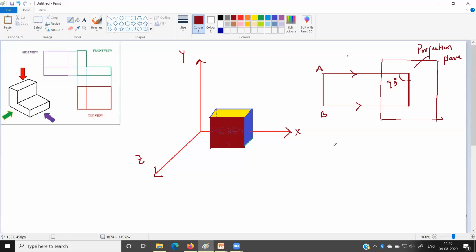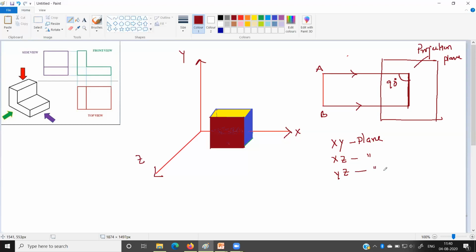This object is in 3D dimension. If I want to project that object from 3D to 2D, then I can project the object either on the xy plane, or on the xz plane, or on the yz plane.